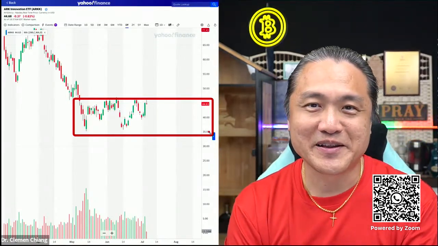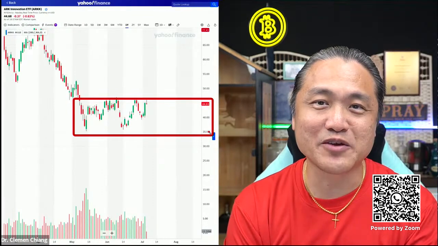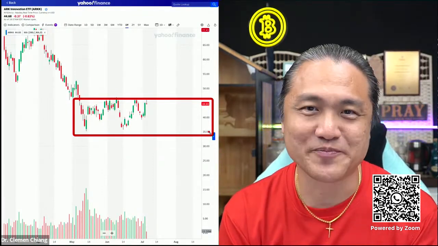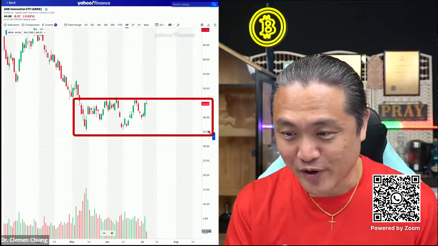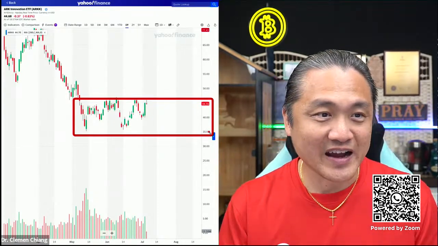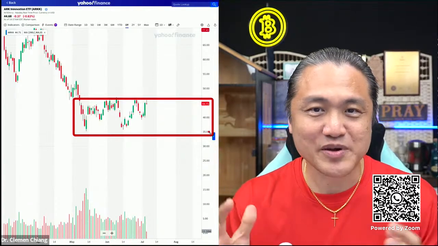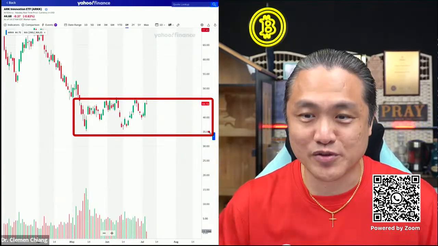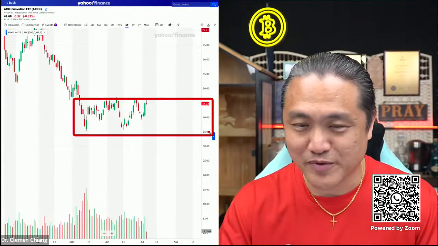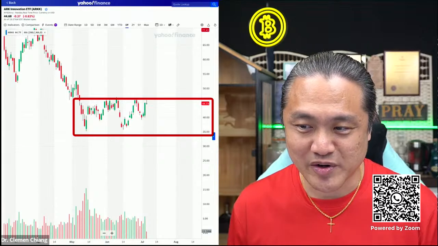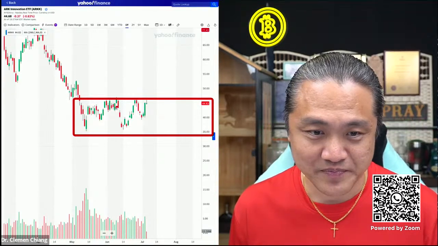Now, the interesting thing is Katie Wood has been like a magnet to attract money non-stop. Money just keeps flowing into the ARK ETF. And that's why she has the war chest, or the ammunition, to keep deploying, keep buying non-stop. But does it mean she has recovered from her down?